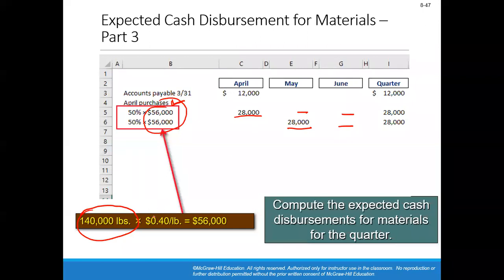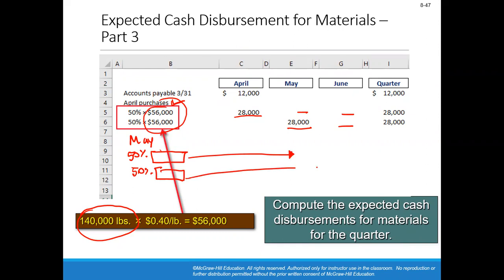So in this way we are making the cash disbursement. For May, what would I write? I would write 50% of the total purchase bill in the current month and 50% in the following month.